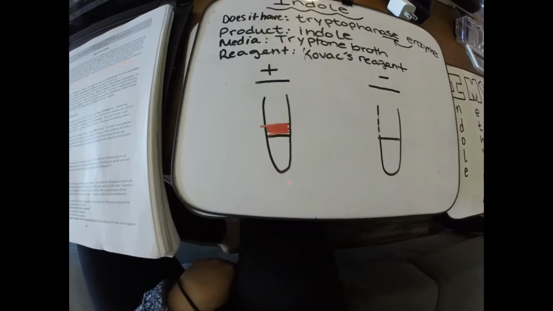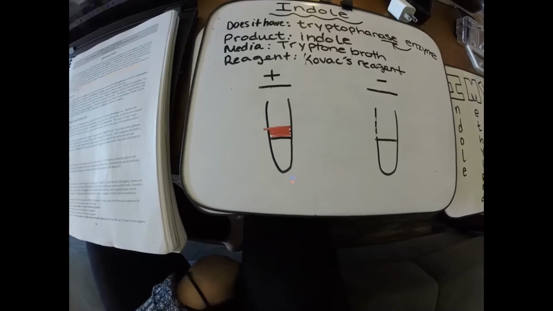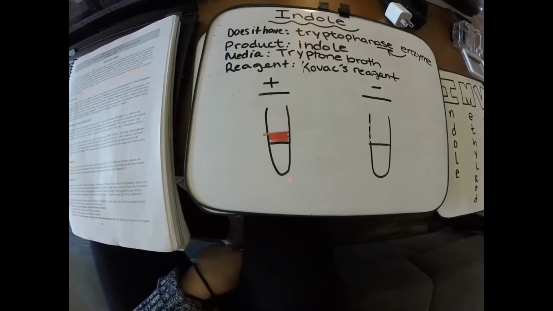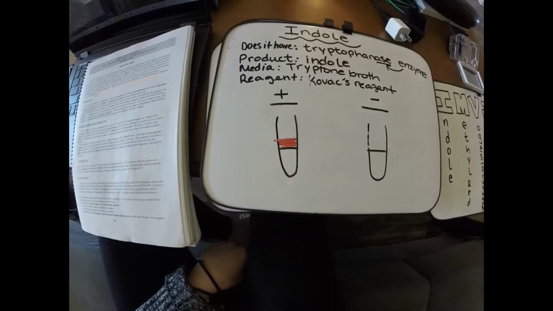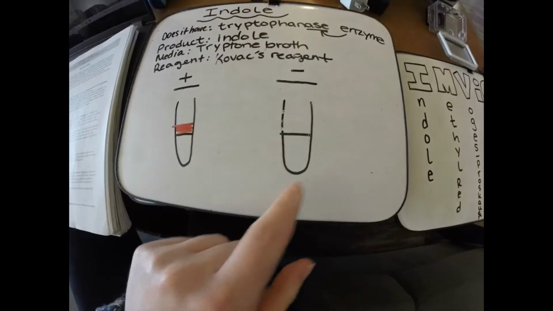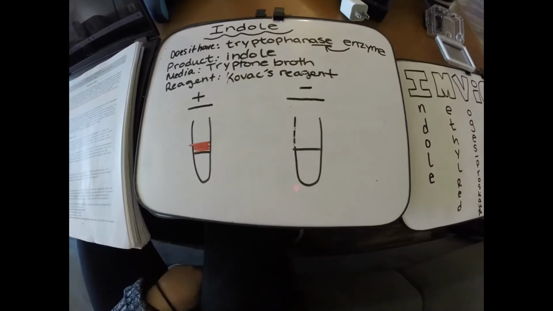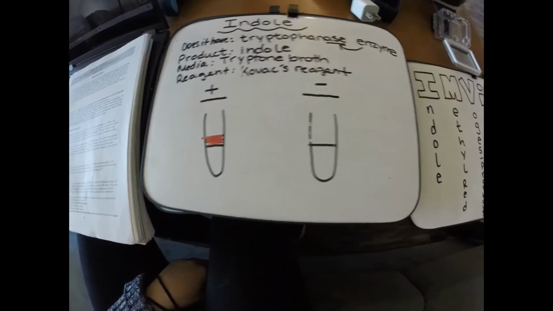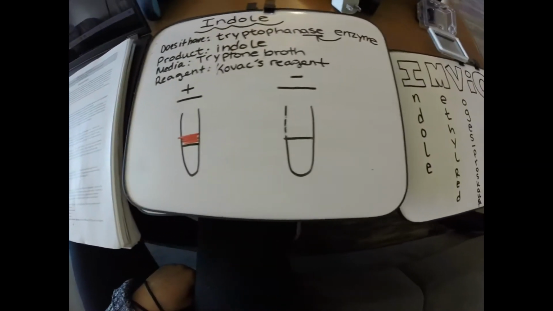Here's that. I don't know how close I am, but hopefully enough to see. If it's negative for that particular enzyme, you will not see a ring at the top. No color change. Red, positive; no color change, negative.